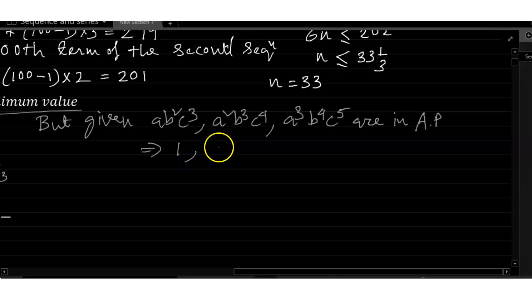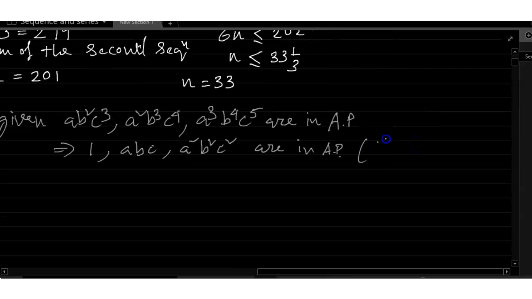So abc, and a square b square c square are in AP. Since abc, for that I apply the formula that 2abc equals a square b square c square plus 1.